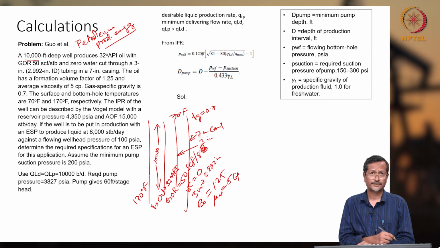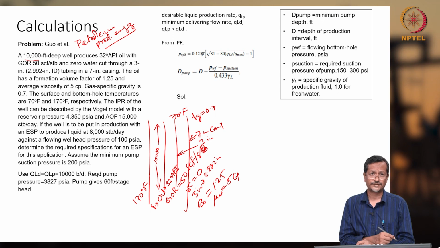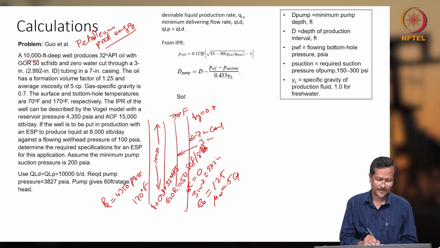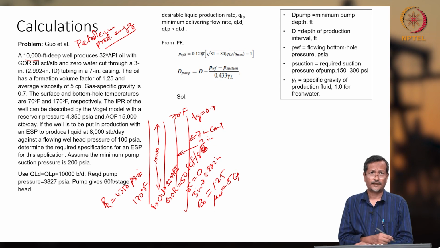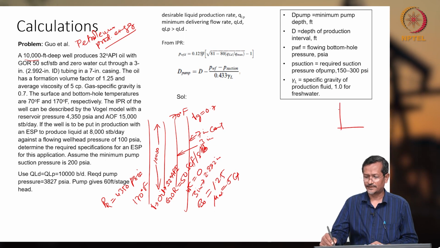The IPR of the well can be described by the Vogel's model with reservoir pressure 4350 psi. So P reservoir is given 4350 psia, absolute, and absolute open flow 15,000. If I draw Vogel's IPR curve, it will be looking like this.